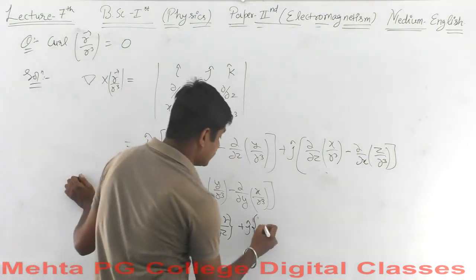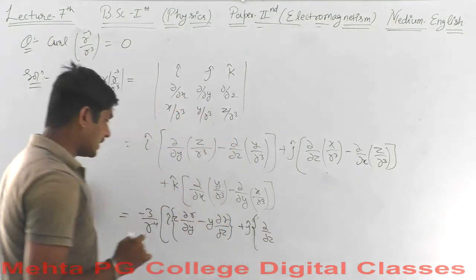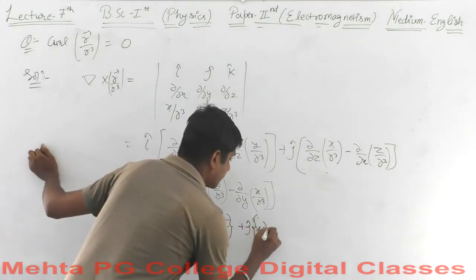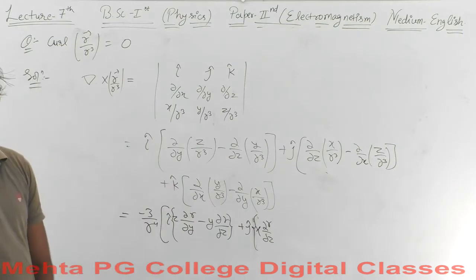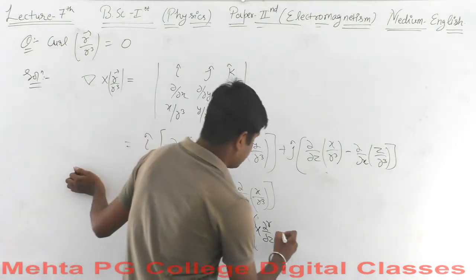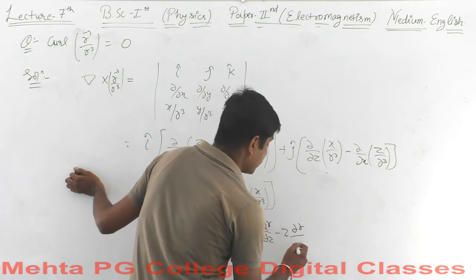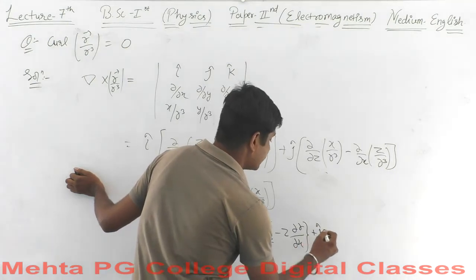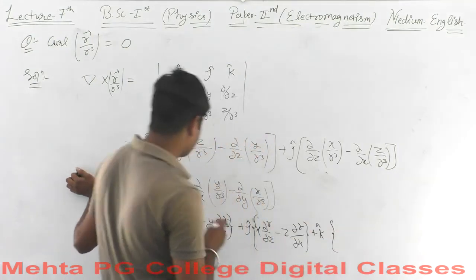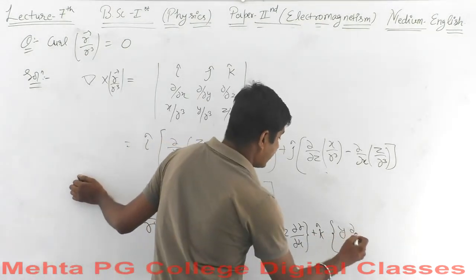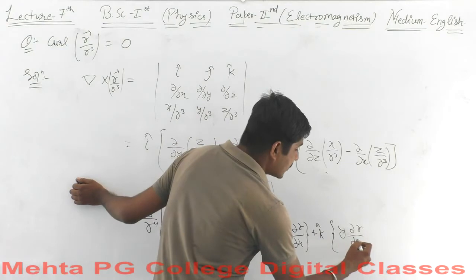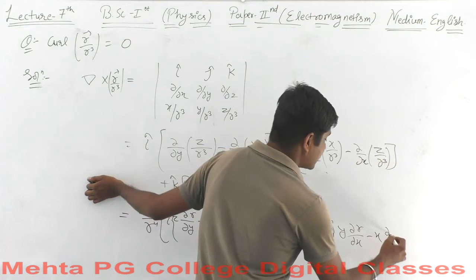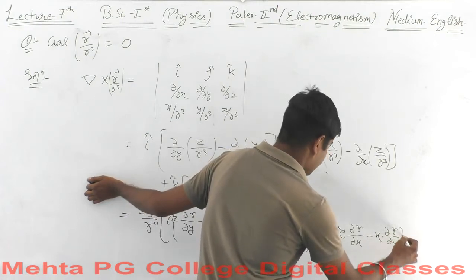For j cap we will have x curly r over curly z minus z curly r over curly x, plus k cap, we will end up having y curly r over curly x minus x curly r over curly y.